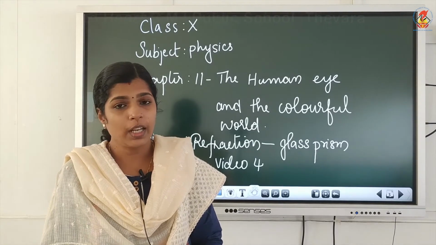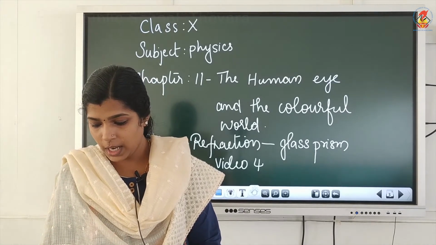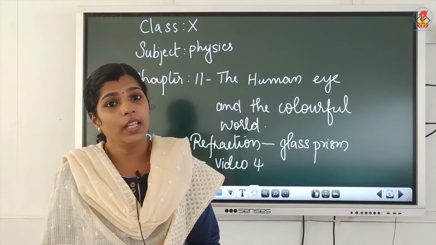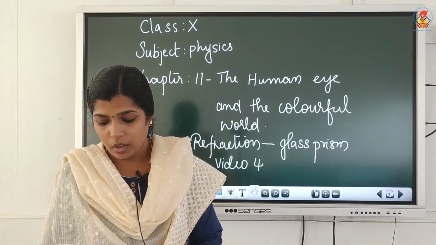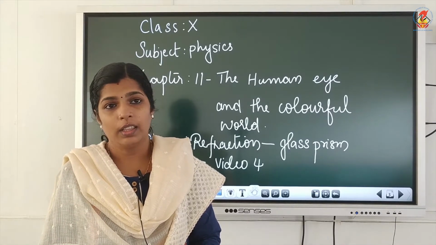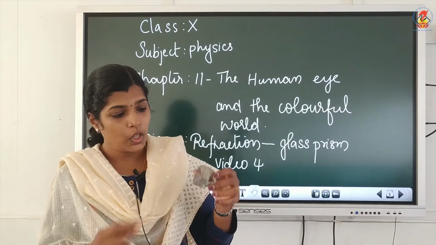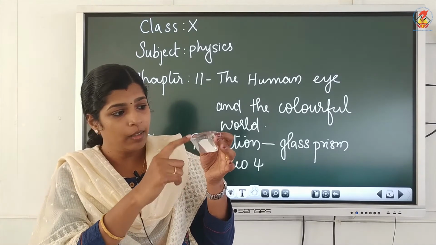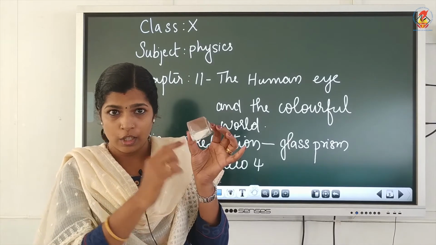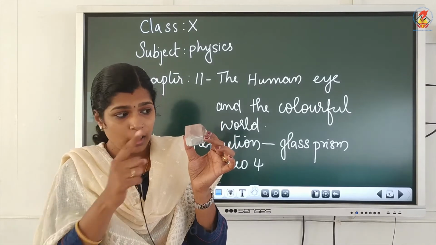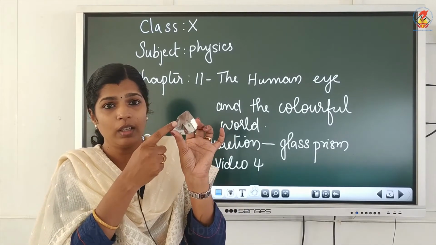So, you have to consider a triangular glass prism. It has two triangular bases and three rectangular lateral surfaces. This portion is a rectangle, this portion is a rectangle, this portion is a rectangle.